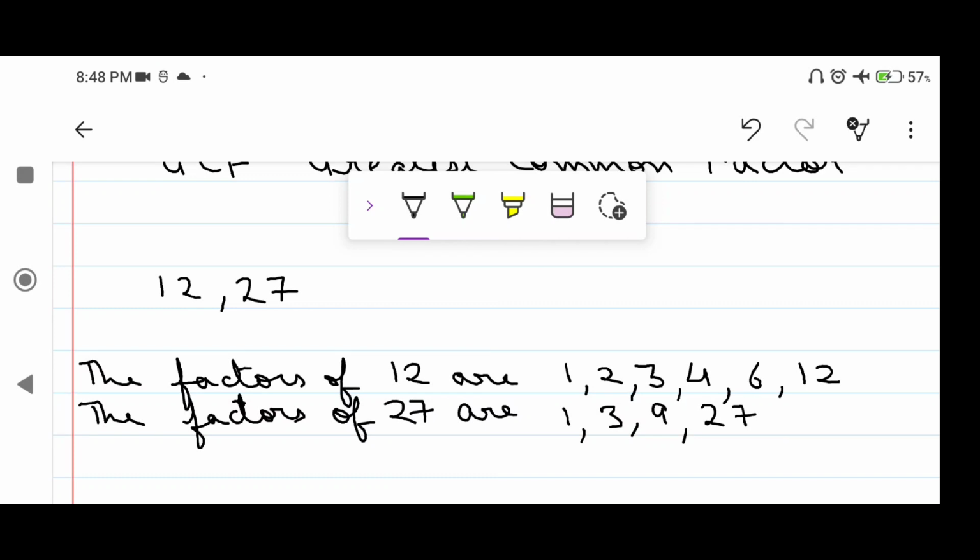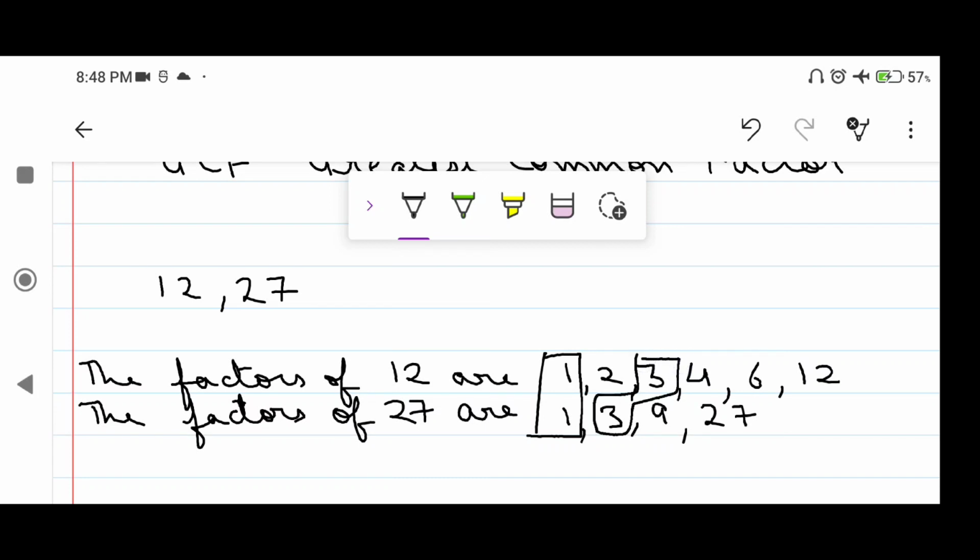So as we can see that 1 is a factor which is present in the factors of 12 and 27 both, and actually 1 is the factor of every number. This you all know. Now is there any other number which is common in these factors of 12 and 27? Yes, and that number is number 3.